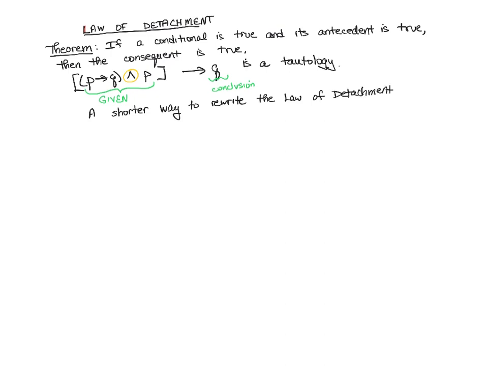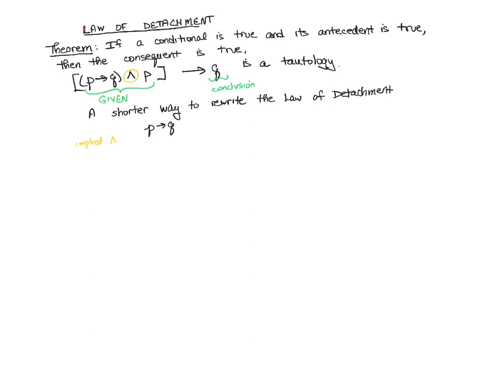We write the first part of the given in one line, so that's when a conditional is true, and the and is implied, so we don't have to write it.